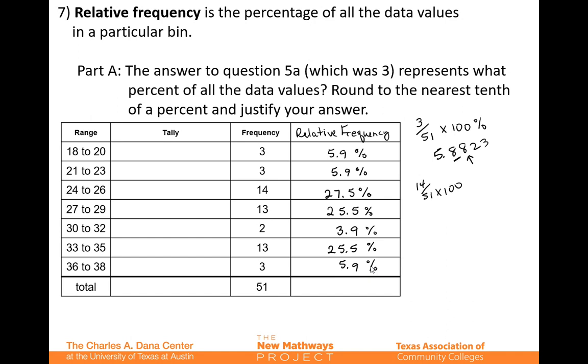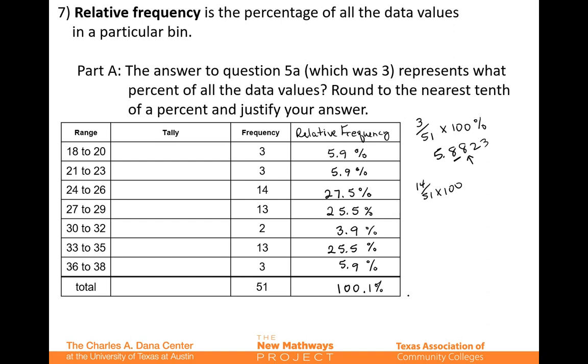So if we add up 5.9 plus 5.9 plus 27.5 plus 25.5 plus 3.9 plus 25.5 plus 5.9, it added up this time to 100.1%. If you just want to say it's 100%, that's okay.